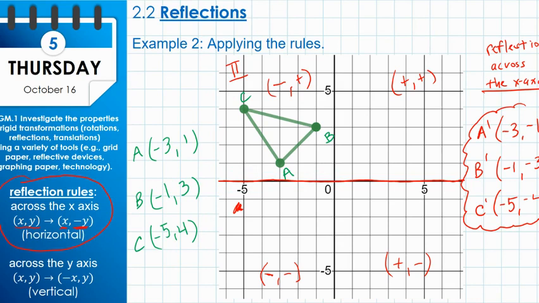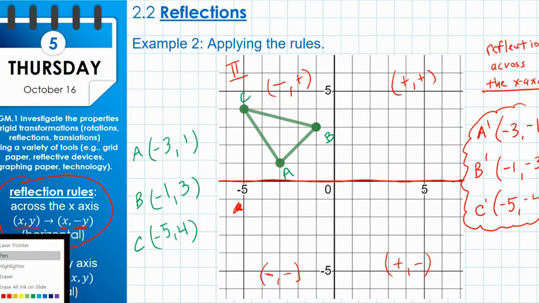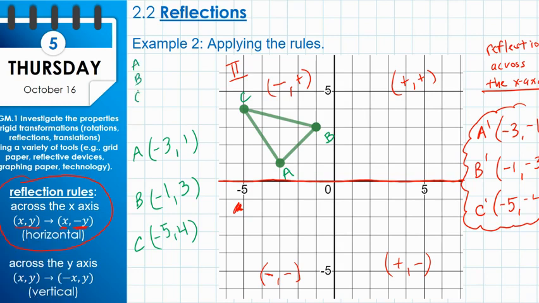So for a reflection across the y-axis, I'm going to rewrite these coordinate points first. Give me 1 second. I'm running out of space. So A, B, and C are -3, 1, -1, 3, -5, 4.